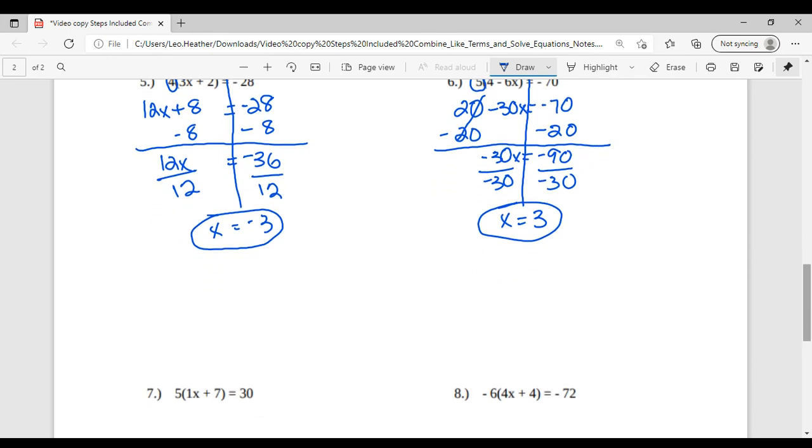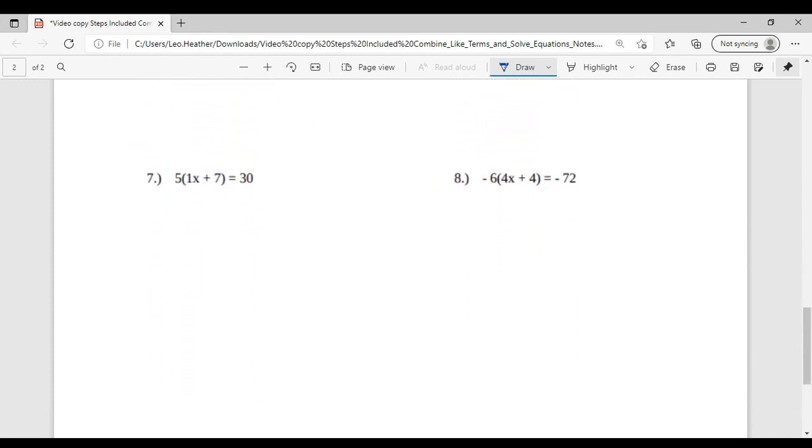So same as above, if you would like to complete 7 and 8 alone and then check your answers with mine, you may pause the video and then fast forward to check your answers.